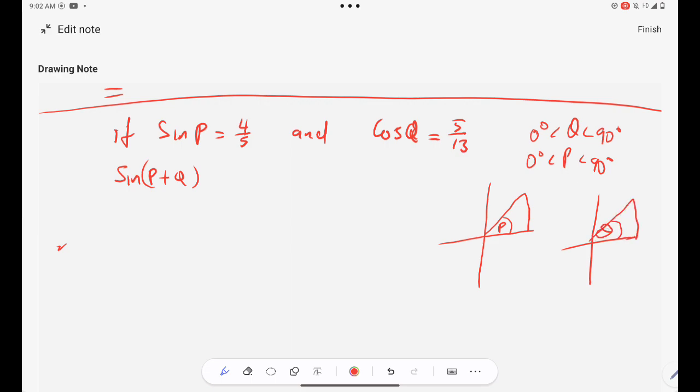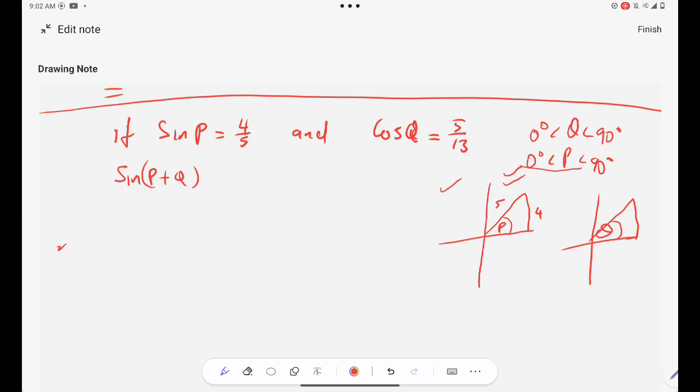Are you together? They are both in the first quadrant because yes, sine is positive here and here, and I'm restricted for P to be here. So the first quadrant will have the most number of ticks. Same applies to Q, right? Since I'm given sine, this will be 4 and I'll have a 5 there.